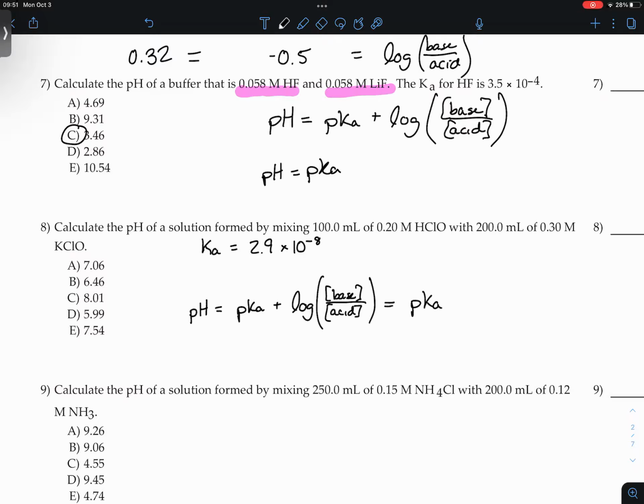Or since the volume is going to be the same, we can actually just take the log of moles of base over moles of acid. Because at the end, we're going to divide those two by that same volume because they're mixed together. They've created one solution. All right, so everybody take a second and finish off this last one for me.